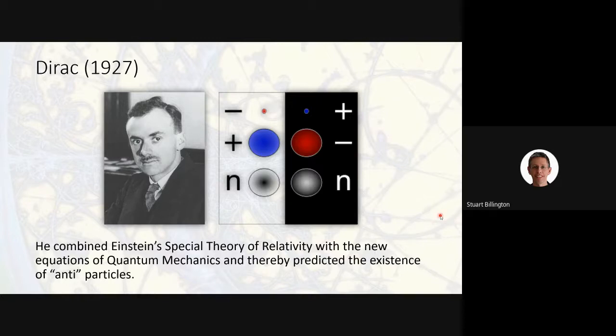So Dirac's idea was that the universe is full of a sea of infinite electrons just below the threshold of reality.